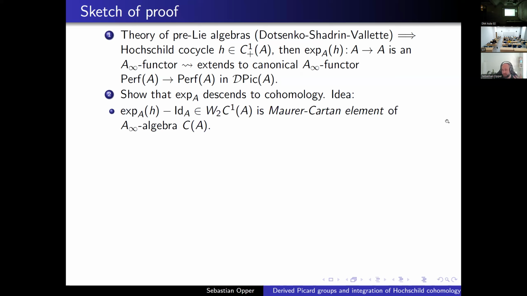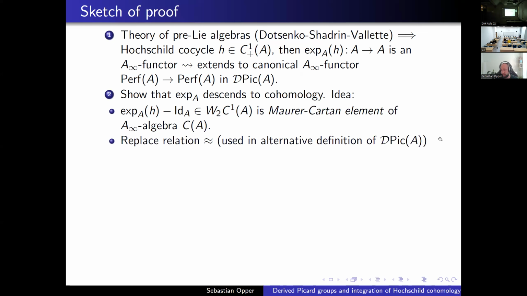And then this happens to be, because this is an A infinity functor, a so-called Maurer-Cattan element of the A infinity algebra structure on the Hochschild complex, not the Lie algebra, which is often what people look at. So this is in the realm of deformation theory. And then you replace this relation that we had in the alternative definition of the derived Picard group, the equivalence relation of functors, by some sort of stronger relation. And none of these are extraordinary. For people who know about this stuff, they certainly know these two relations.